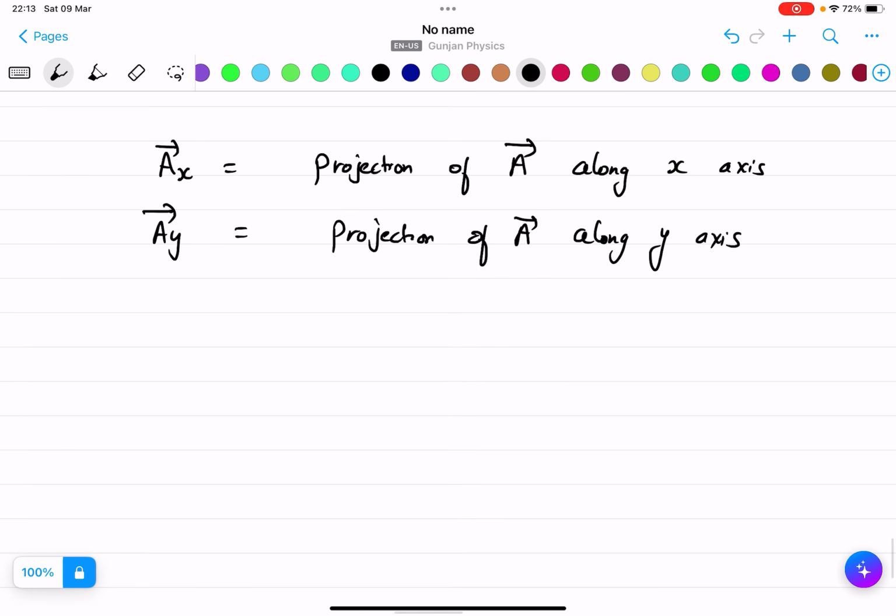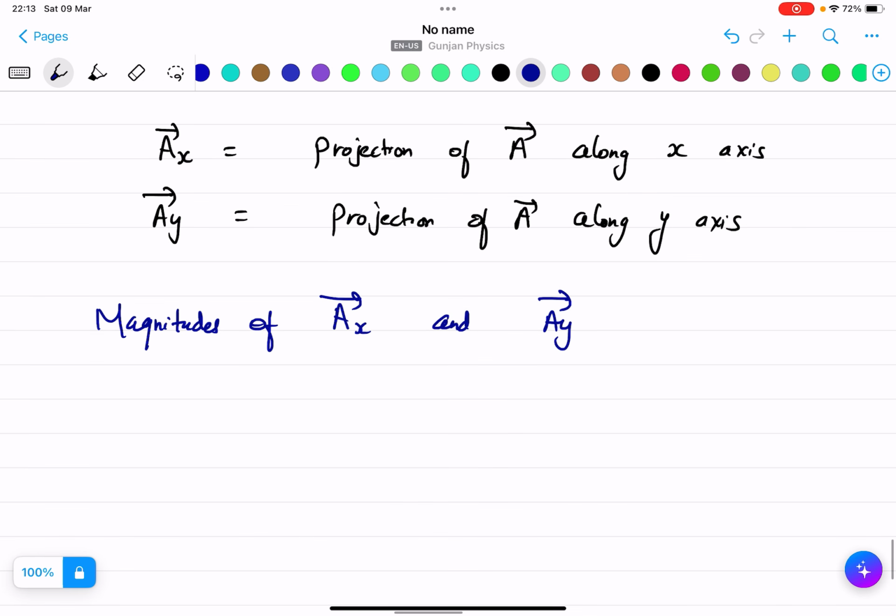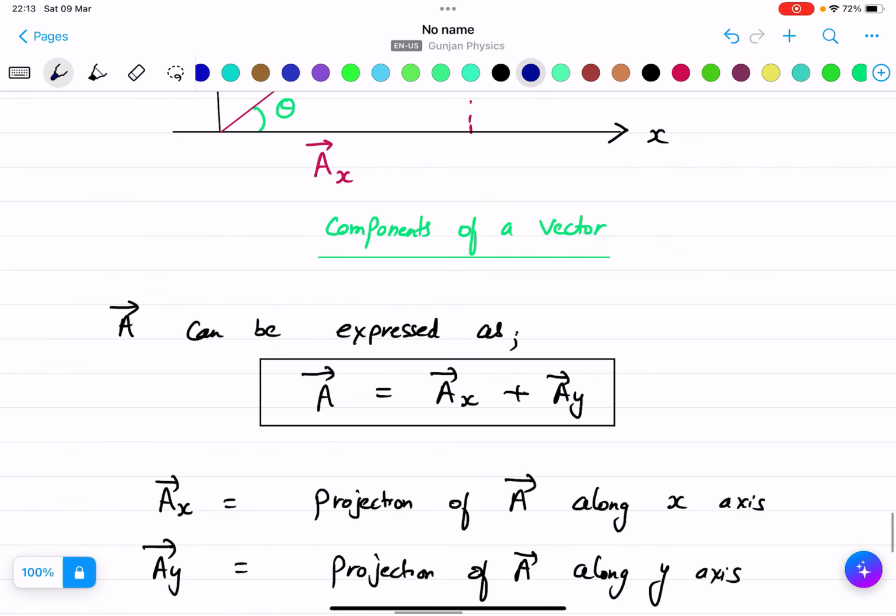Now, if we need to calculate the magnitudes of AX and AY, how do we calculate? I told you the formulas of cos theta and sin theta.